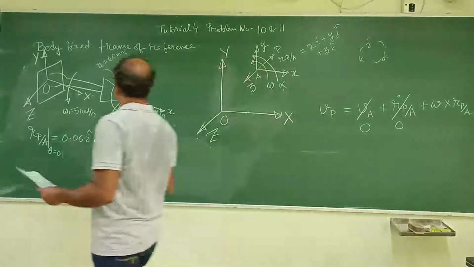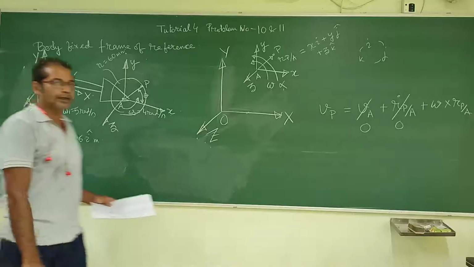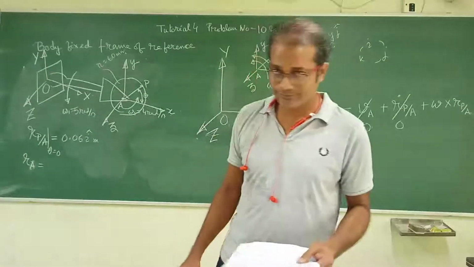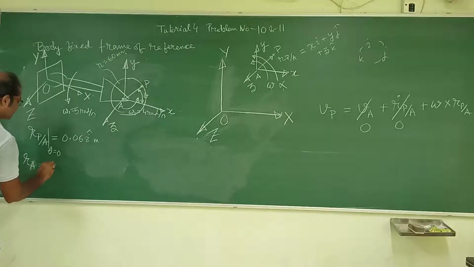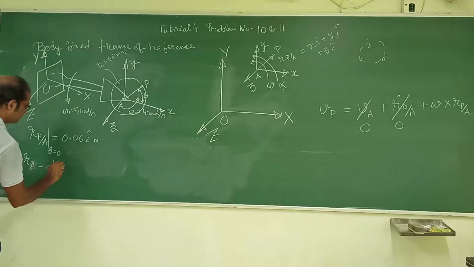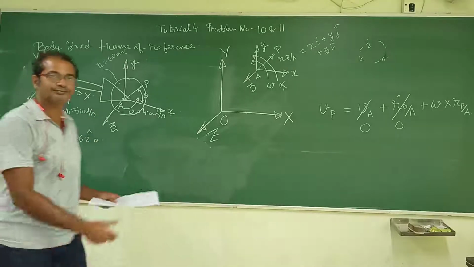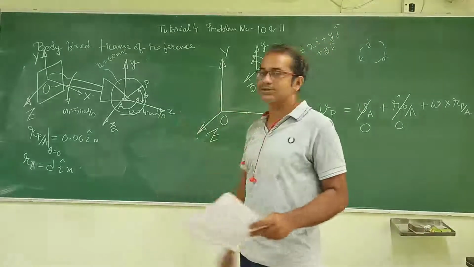Now it is going to ask what is RA? Sorry, RA point. It is not given. So let us assume that it is the distance d times I, in meters. So the position vectors are now known to us.